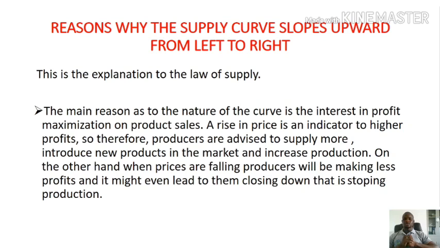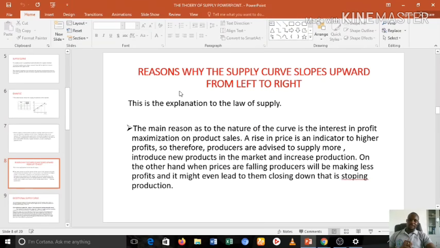Now, let us look at the reasons why the supply curve slopes upward from left to right. Remember, when we were looking at demand, we also looked at the factors that make a demand curve slope downward from left to right.